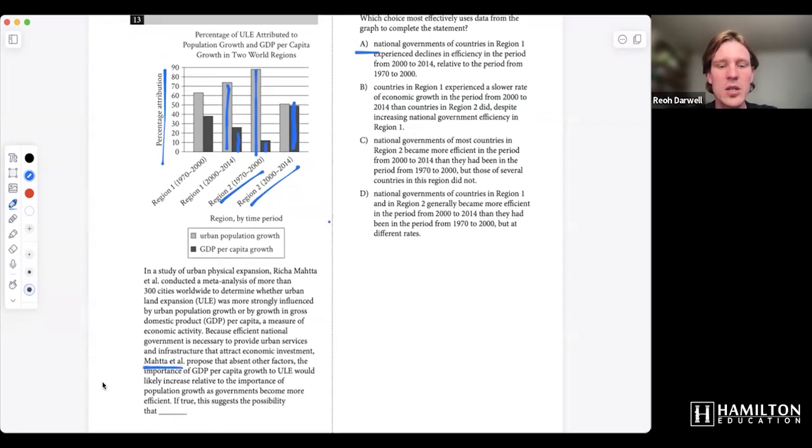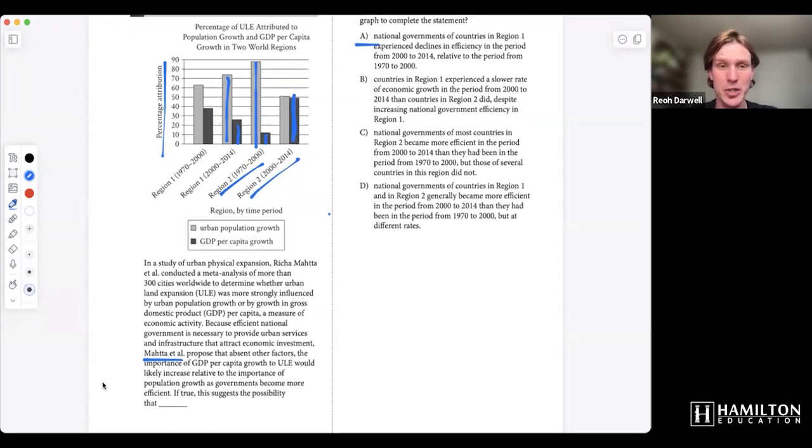Mata et al. proposed that absent other factors, which is a classic thing economists say to mean absolutely nothing.